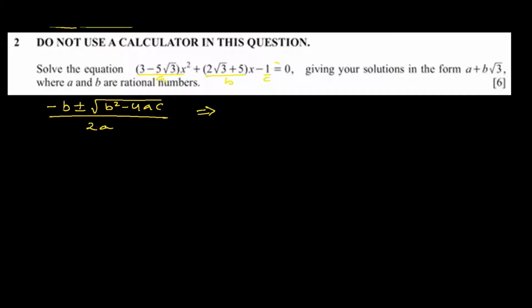Always be patient with surds. One small mistake and you get a wrong answer. Okay, so minus B, 2 square root 3 plus 5, plus minus square root of B square, 2 square root 3 plus 5 again, square, minus 4 times A.